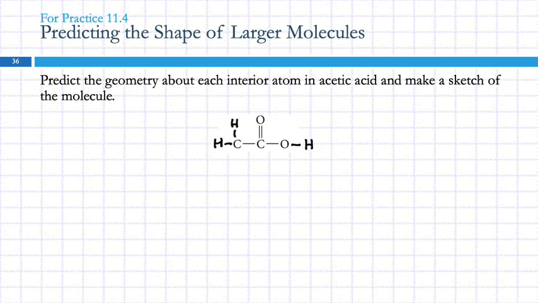Because we need to see if we have lone pairs on central atoms, and we need to see all the bonds. So this carbon on the end, and there will be a question like this on the exam for chapter 11. This carbon on the end, what is the molecular geometry around that carbon?